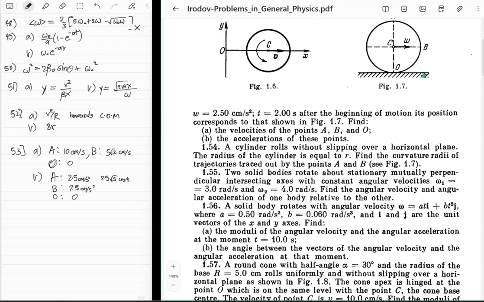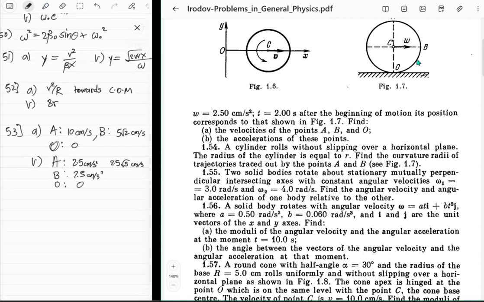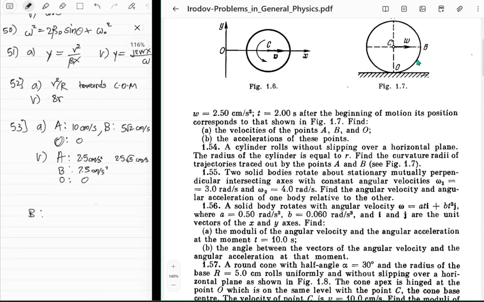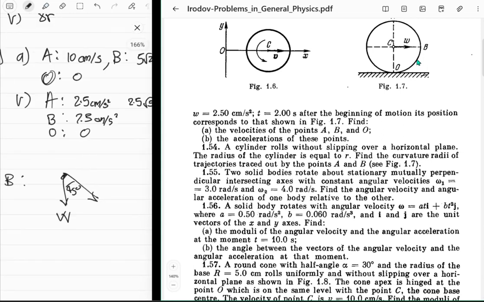It's got W down. So for B, what's happening is that it's W down. That's our acceleration basically. And you got 5 square root 2 centimeter per second in this direction. So basically this angle should be 45 degree, I guess, right? So V squared upon acceleration, in this case it will be this thing.